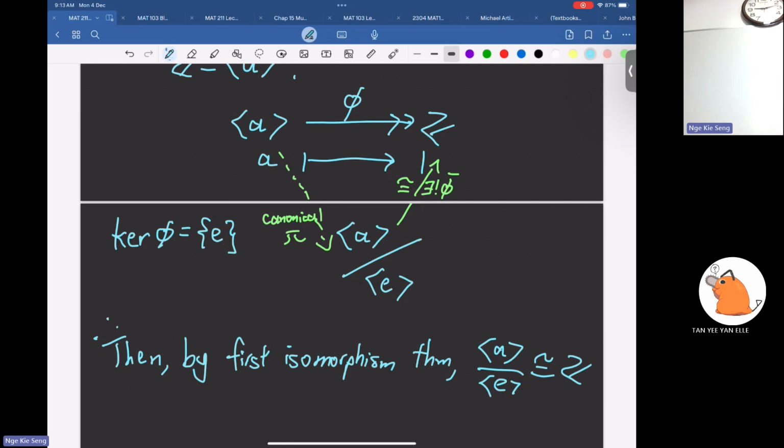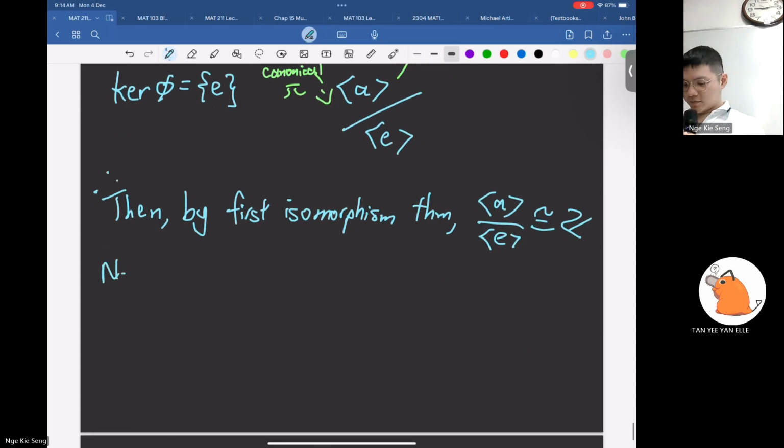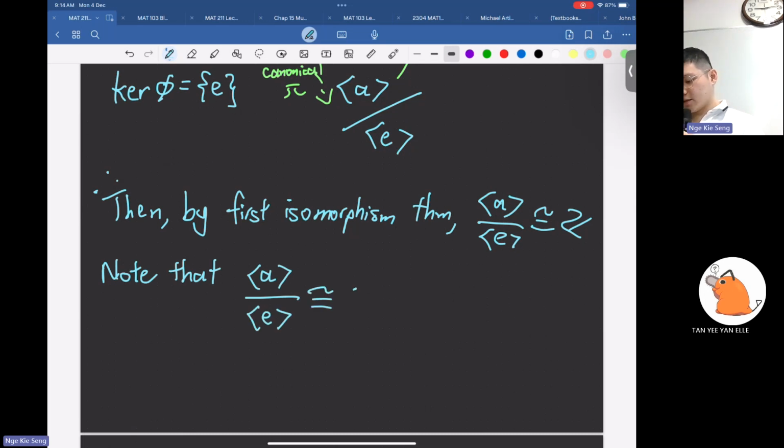What are you killing here? You are just killing the identity. So note that the free group quotient out by the trivial subgroup is really just the free group. Make sense? That makes sense.